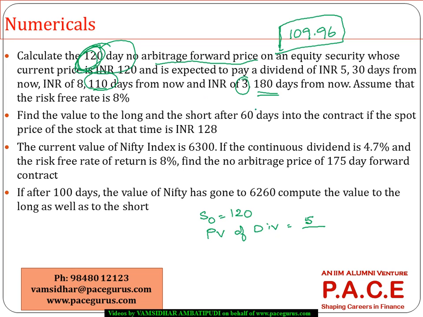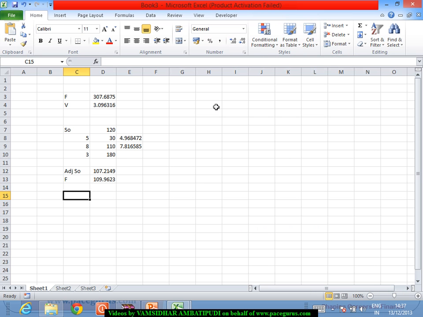Now the next part is compute the value after 60 days into the contract. Okay, so to compute the value, I am talking about 60 days into the contract, which means only 60 more days left for the expiration.